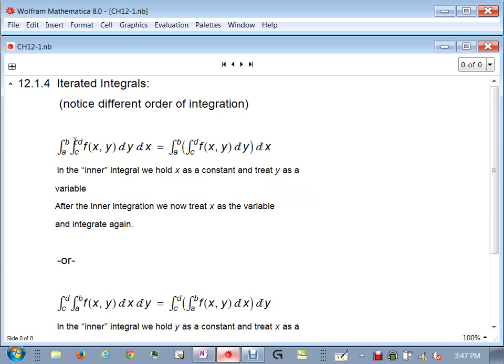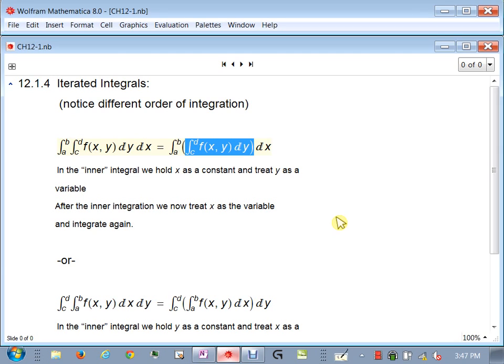Okay, so that's what I say here. If we're going to try and compute this double integral right here, then what we do is break it up. We do the inner integral first, and after that we come in and do the outer integral. When we do this inner integral, it's just integration, right? Just integrate. But our function inside has x's and y's in it. So remember when we differentiated and we learned partial derivatives?